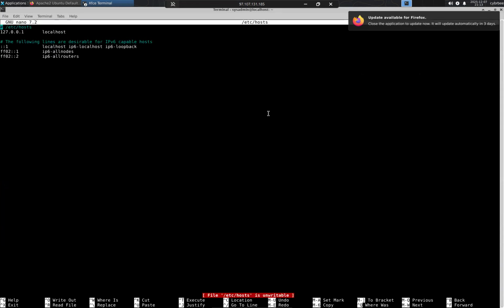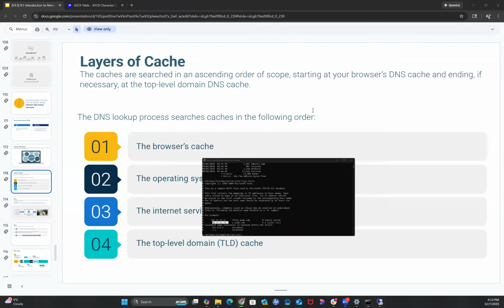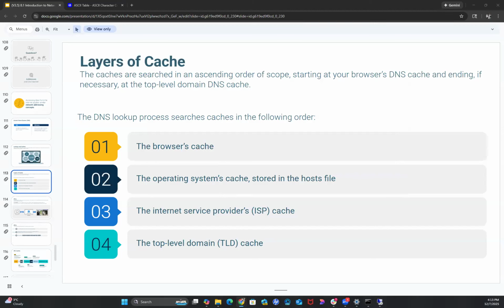This is the DNS lookup in here. All the DNS lookups are in here. So this is the Linux system, and that was the Windows system.